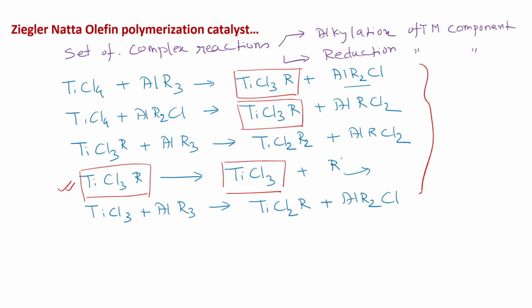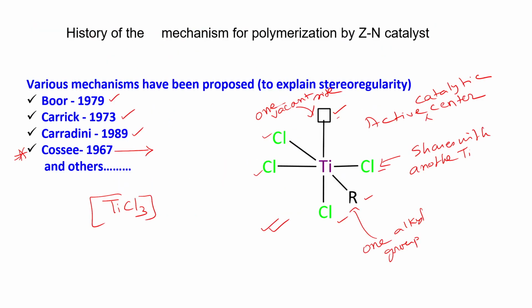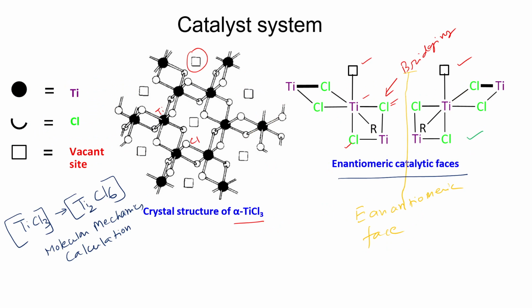So this is how, with aluminum, that activation happens and this active site is formed in titanium. We discussed that one hydrogen site is first reacted and then a flipping kind of thing happens. This is the structure of alpha TiCl3.